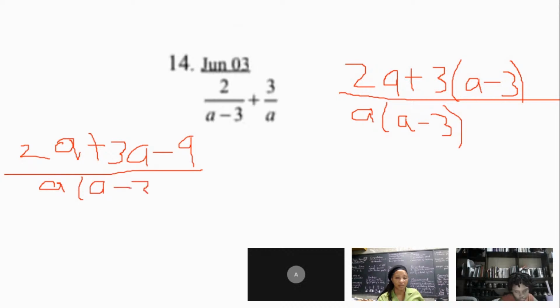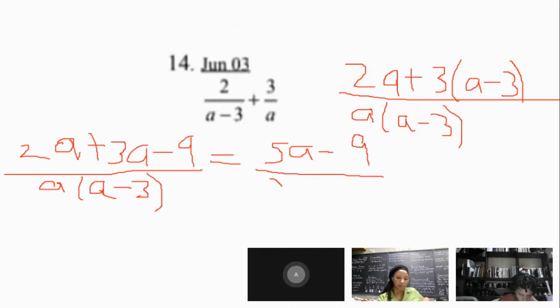A minus 3. Simplify the numerator. So 2a plus 3a minus 9. 2a plus 3a would be what? 5a minus 9, over a times a minus 3.